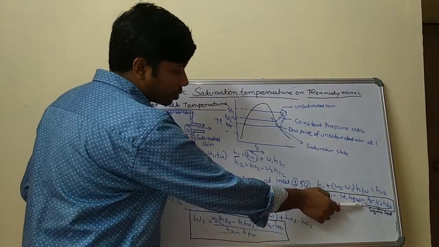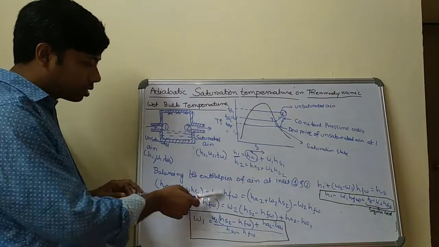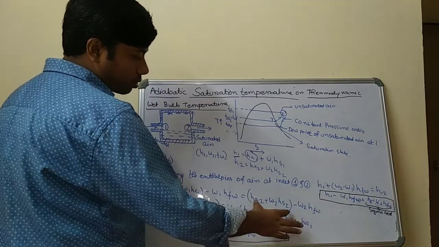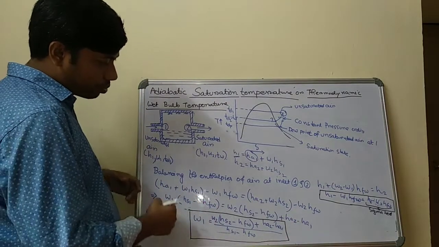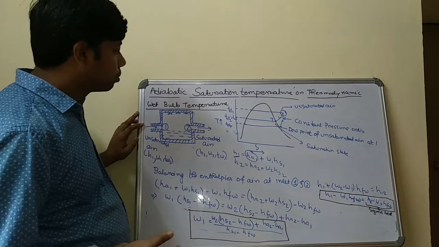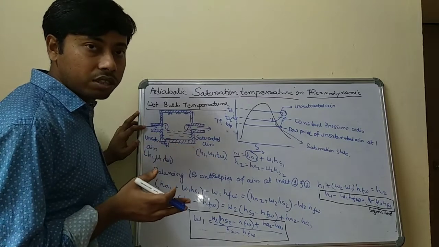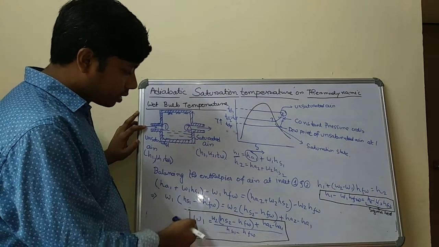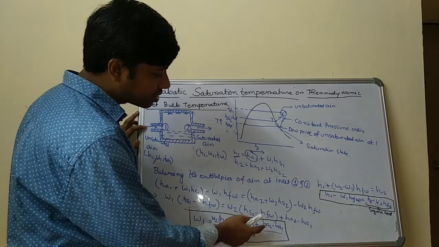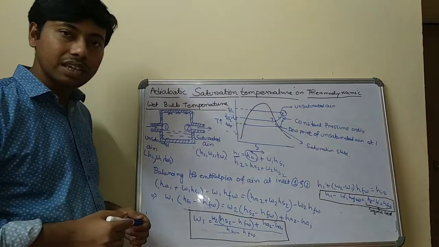So you can write this equation in terms of H1 and H2. If you want to know the specific humidity when the air is in an unsaturated condition, you can calculate it this way: W1 will ultimately be W2 into (HS2 minus HFW) plus (HA2 minus HA1), divided by (HS1 minus HFW).